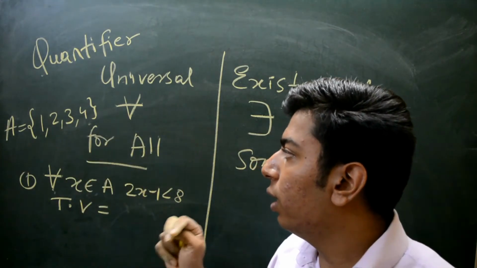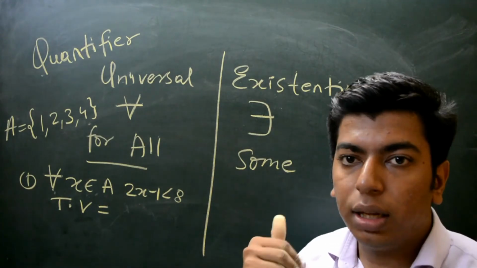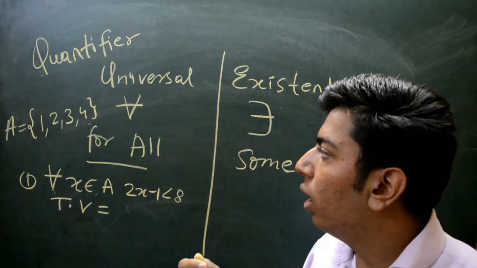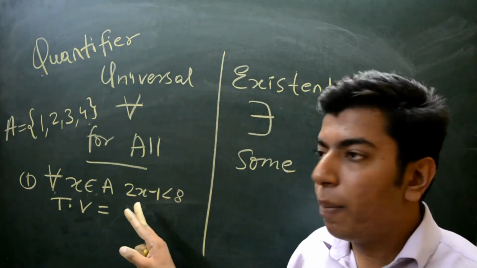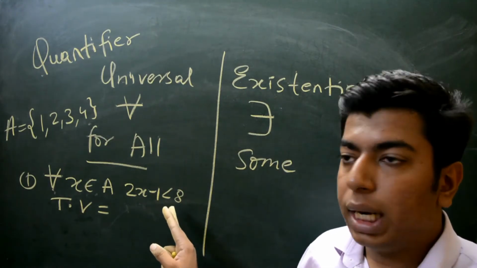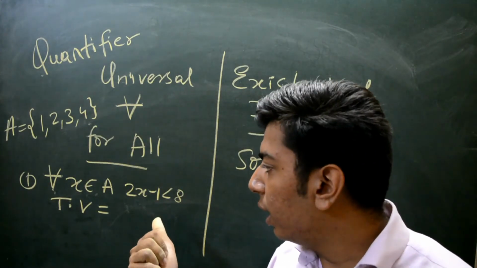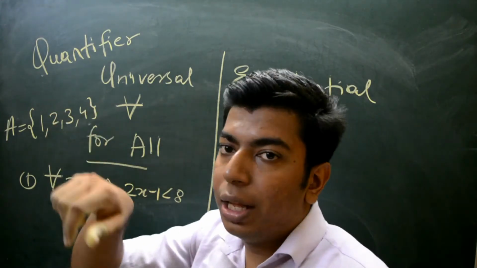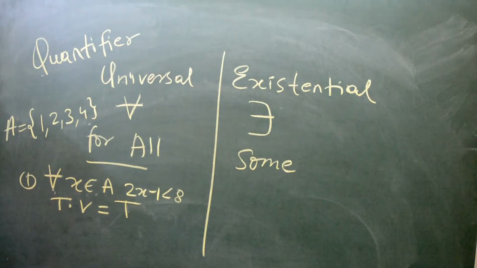Then the third one, 3 into 2, that is 6, minus 1 is less than 8. Then 4 into 2, that is 8, minus 1, which is 7, less than 8. The condition is satisfying for all, so the truth value of it is T.